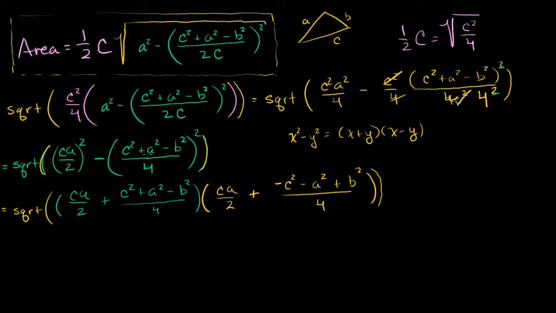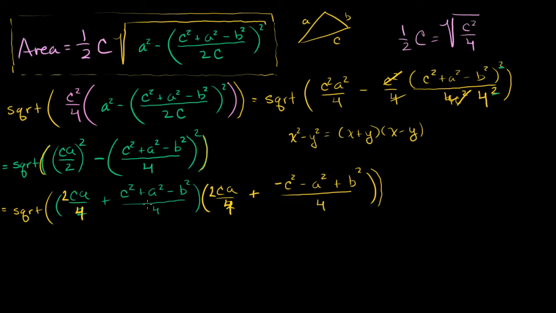I just said plus the negative of this, so minus c squared minus a squared plus b squared. All I did is that right there. Now let's see if we could simplify this. Well, we could add these fractions. We can get a common denominator. ca over 2, that's the same thing as 2ca over 4, just multiplying the numerator and the denominator by 2.